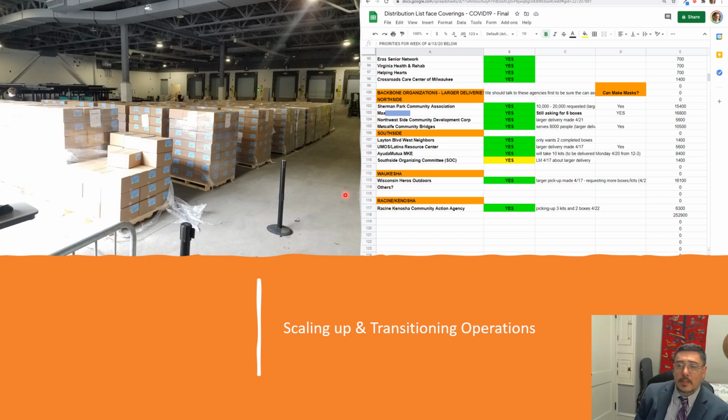And ultimately, we moved the operation to Pfizer Forum, a large warehouse facility at a sports center, and other agencies began to take over the logistics management, and the medical college started to pull back as we scaled up. And so we were actually able to use some of the data from the Google Sheets to facilitate that scaling process and transfer of the operation to folks that were ready to take it up to a much higher level of distribution, ultimately reaching 3 million masks delivered in the Milwaukee area.